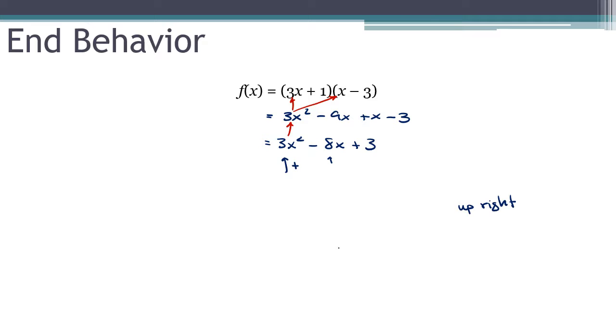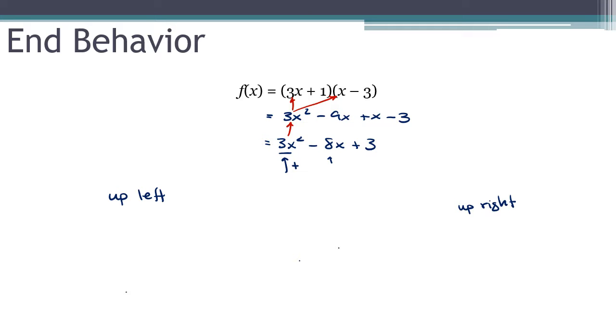It's getting really big and positive as the x numbers get bigger. And if we come over here to the left, if you put a really big negative number in there and you square it, it becomes positive. So ultimately, even when you're putting negative numbers in there, this first term is a really big positive number, so I would also say it goes up to the left.